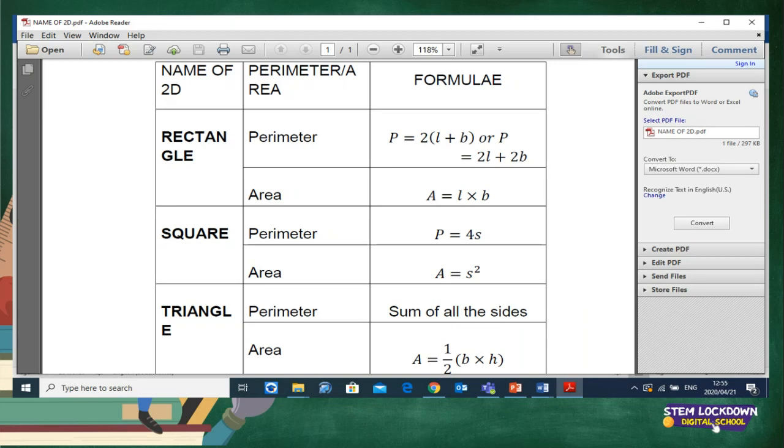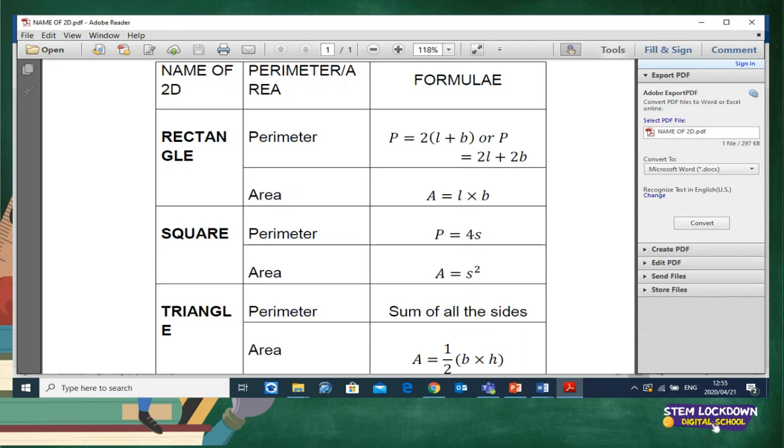We conclude that the perimeter of the triangle is equal to the sum of all the sides, unlike the perimeter of the square where you just multiply by 4. So in this case, you cannot multiply by 3. You can't say that the triangle has 3 sides and therefore the perimeter is 3s. You can't do that. Why? Because we are working here with different triangles.